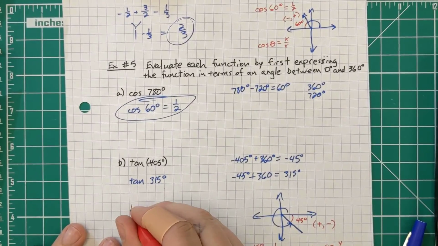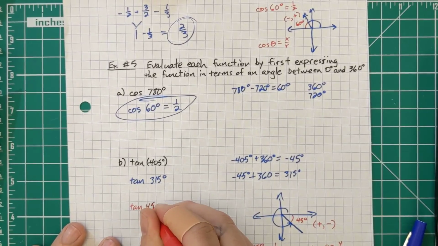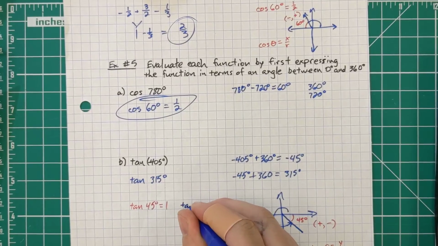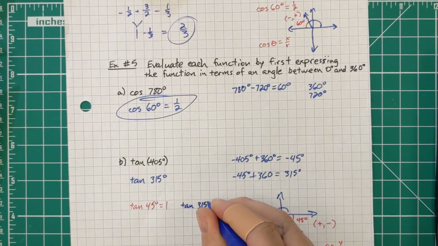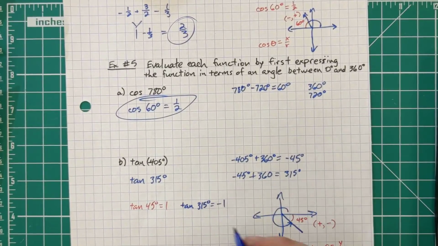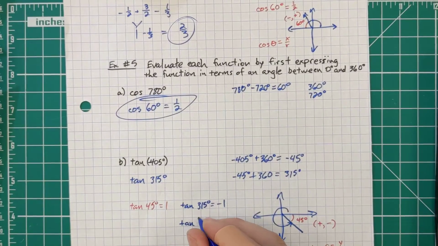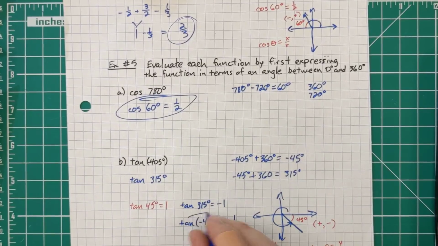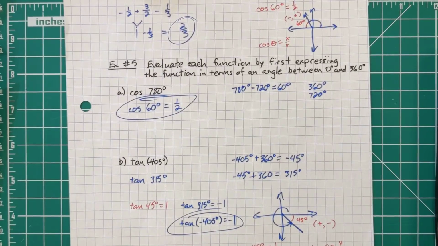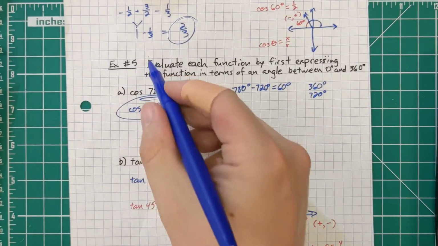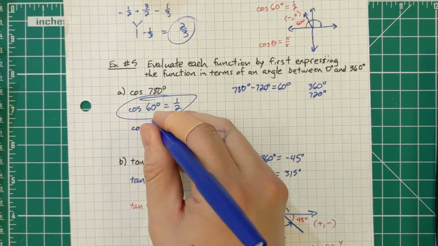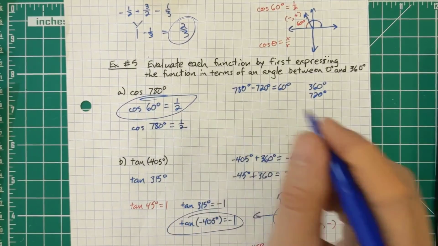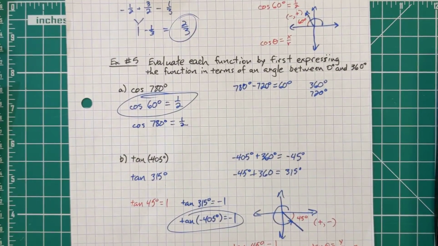So if tangent 45 degrees is 1, that means the tangent of 315 degrees, since it has to be negative, is negative 1, which also means the tangent of negative 405 degrees is negative 1. Okay, and I really could say that here as well. Cosine of 780 degrees was also 1/2.